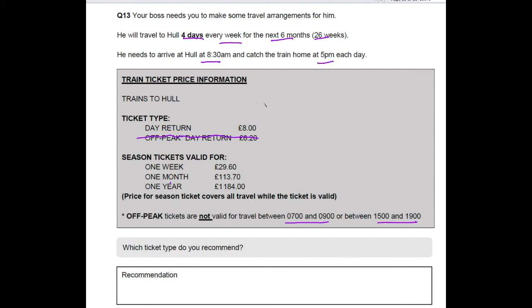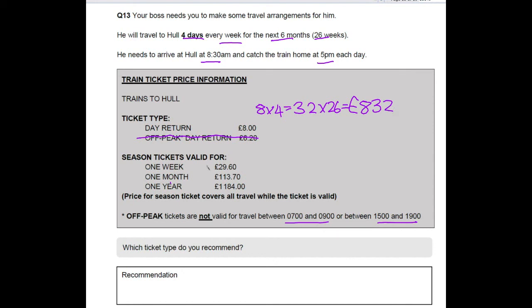So let's look at a day return for the 6 months. So if it's £8 for a day return, and he does this 4 days a week, that's £32 per week. And if we multiply that by the 26 weeks, it tells us how much it's going to cost for the 6 months he needs to travel, which is £832.